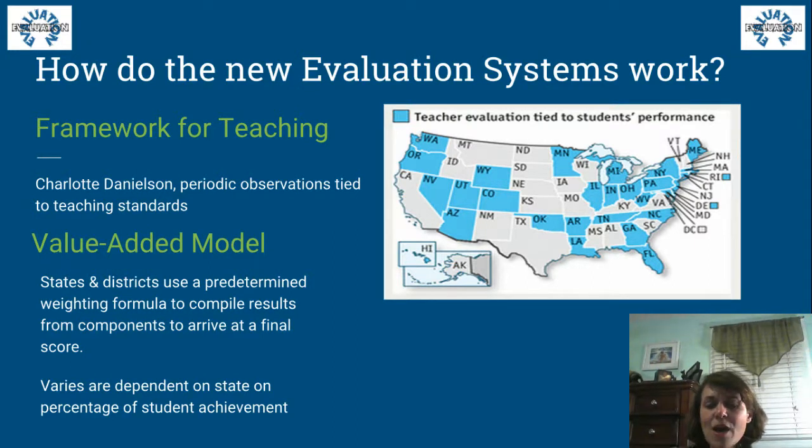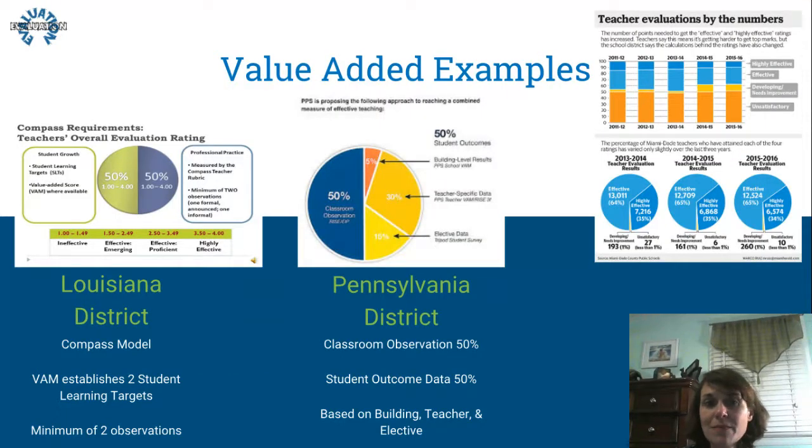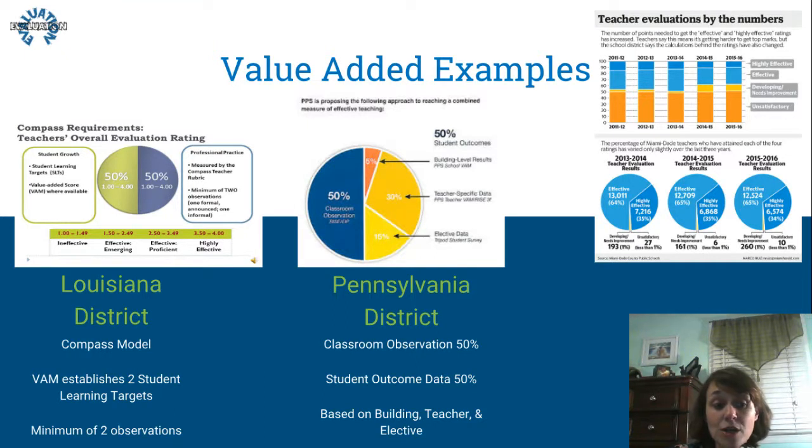So just to describe a little bit more about value-added models, I wanted to give you some examples. I looked at a couple of districts, the state of Louisiana, the state of Pennsylvania, and also Florida. If you look at the Louisiana district, the COMPAS model, you see basically a 50-50 split. The value-added measure established 2 student learning targets, which was 50% of the teacher's final score.